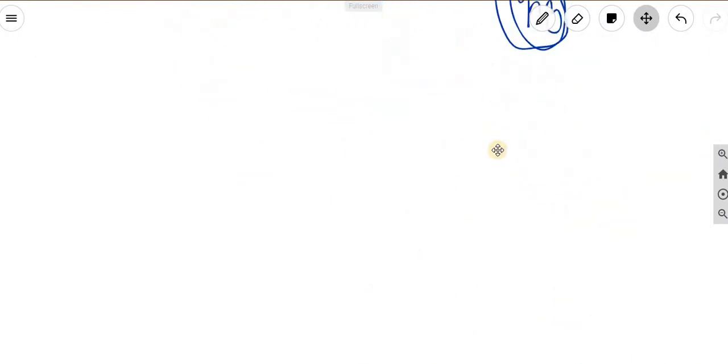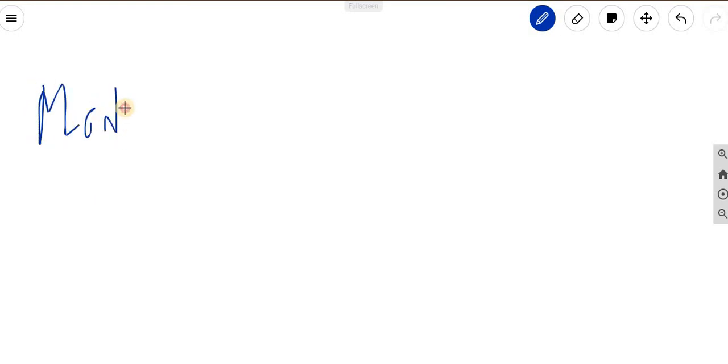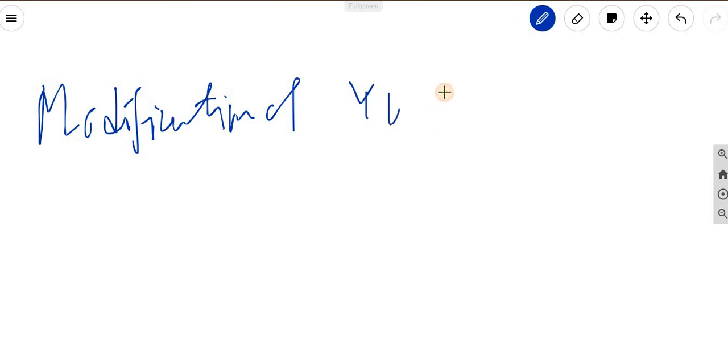Now one more thing I want to discuss, the modification of Y bus.